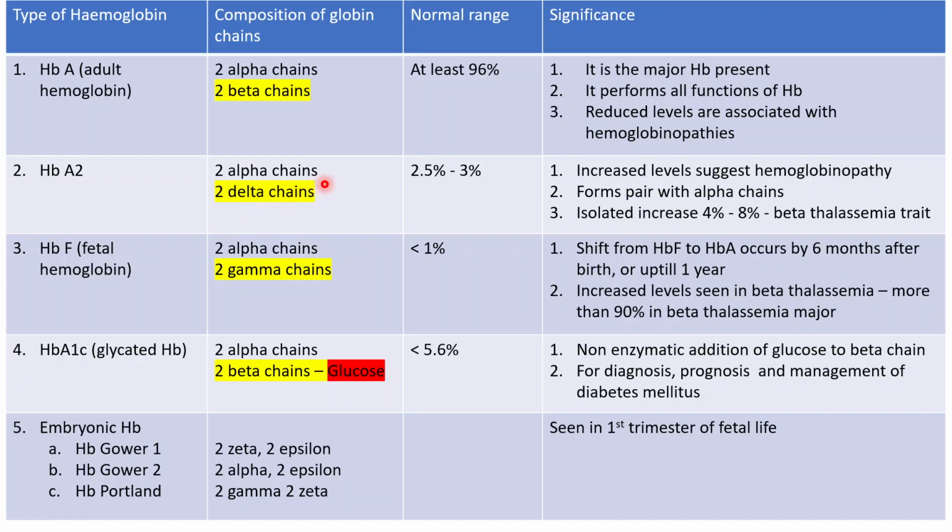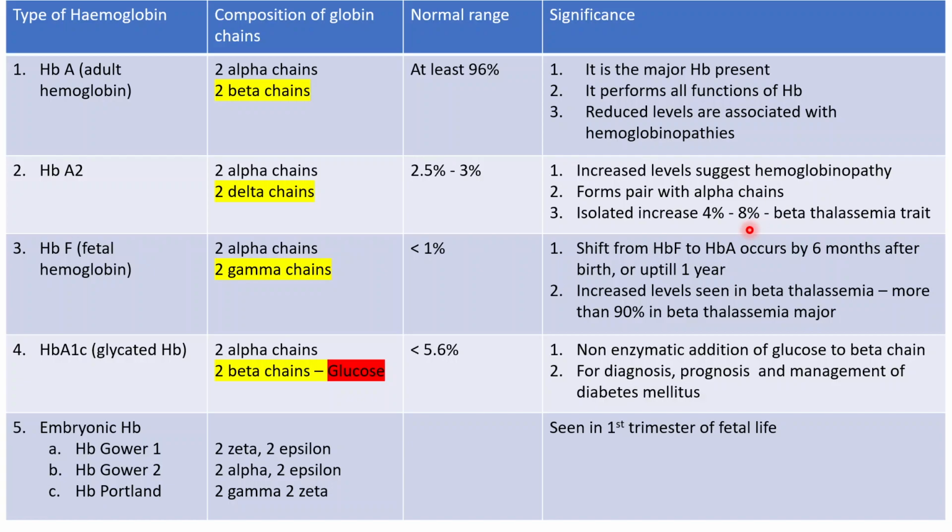The delta chain forms a pair with alpha chains and forms hemoglobin A2. Now, what is interesting to note is that if the hemoglobin A2 level is increased to 4 to 8 percent, that signifies beta thalassemia trait. An isolated increase of hemoglobin A2 between 4 to 8%, even if the individual is not having any symptom, is suggestive of beta thalassemia trait.